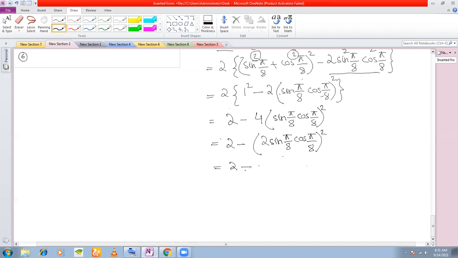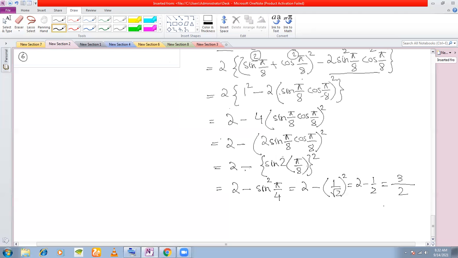So this becomes 2 minus twice sine 2 theta square. So now this becomes 2 minus sine square pi by 4. So this becomes 2 minus 1 by root 2 square, becomes 2 minus half. Now if you take the LCM, you will get 3 by 2. And that is your right hand side.